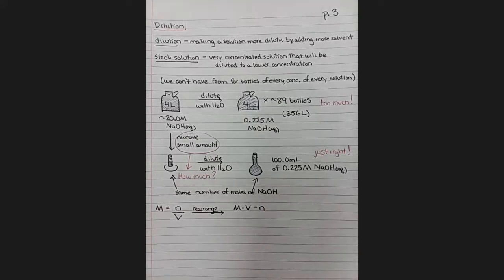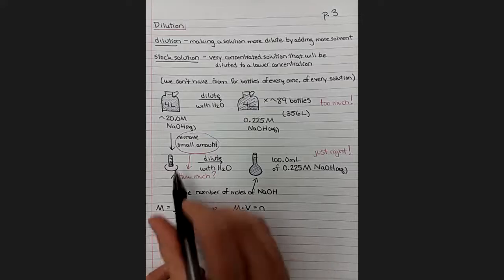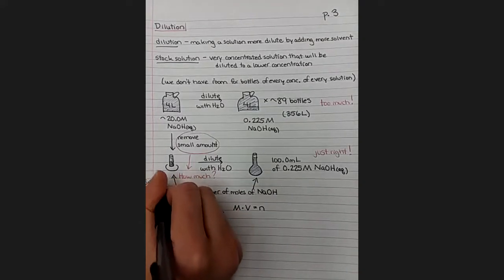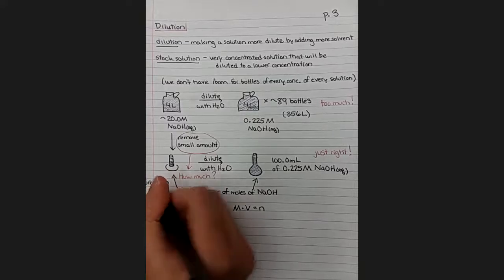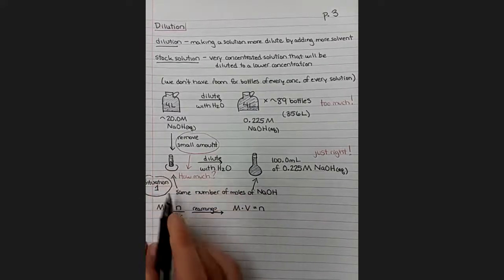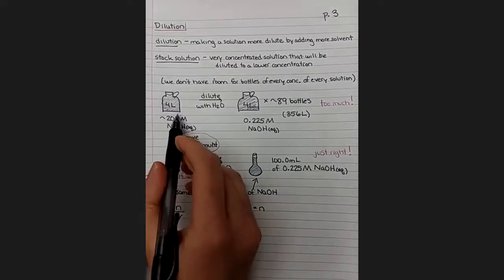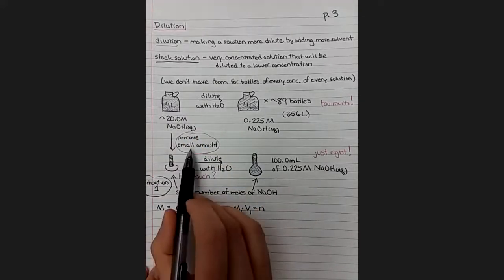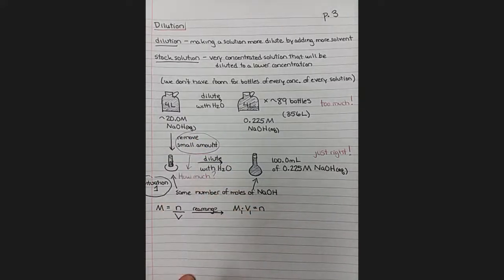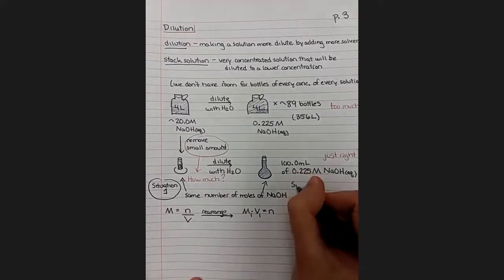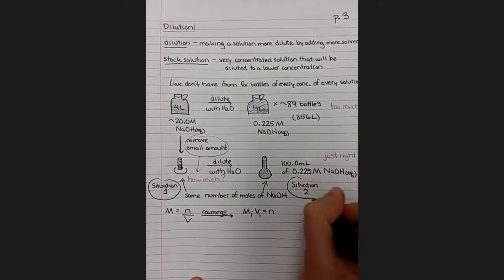And so with that knowledge, we can do something really sneaky. In the first situation, in our little bitty couple of milliliters in our graduated cylinder, the number of moles is equal to the stock solution molarity times the volume, whatever that small volume is. That number of moles is equal to the number of moles in the second situation, after the dilution.